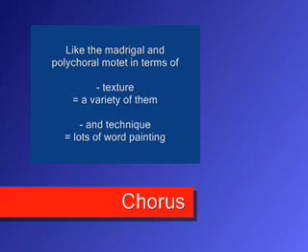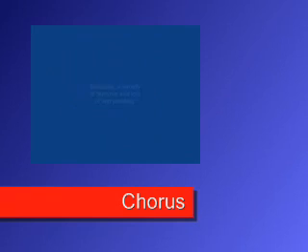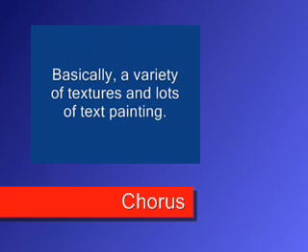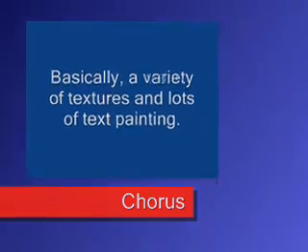So like the madrigal and the polychoral motet, the Baroque opera chorus basically has a variety of textures and lots of word or text painting. Really, people, you're going to hear this again and again in this course, so make sure you remember it now.